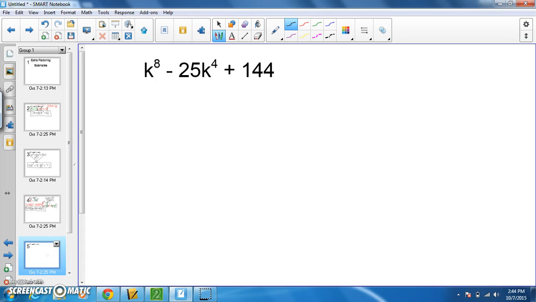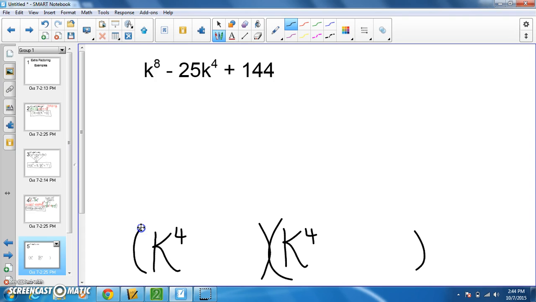And our last beautiful example. This is going to be a little bit more difficult, but nothing my little smarty pants can't handle. So, GCF, we don't have one. 2, identity, no. 3, can I use quadratics? Well, can I multiply something by itself to get k to the 8th? Yes, I can. K to the 4th power.